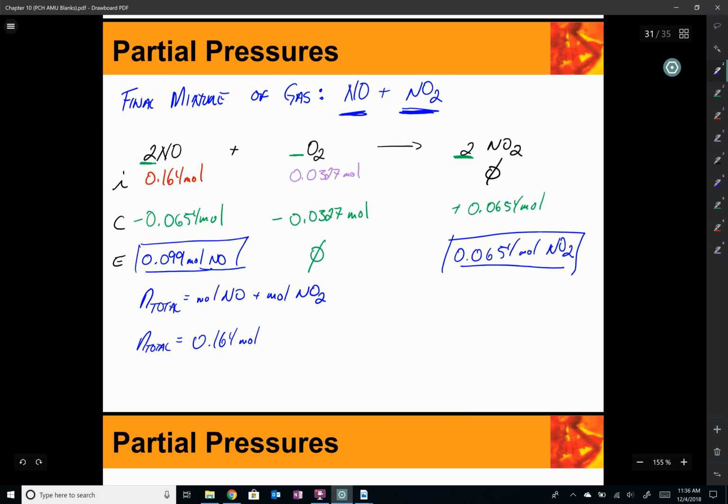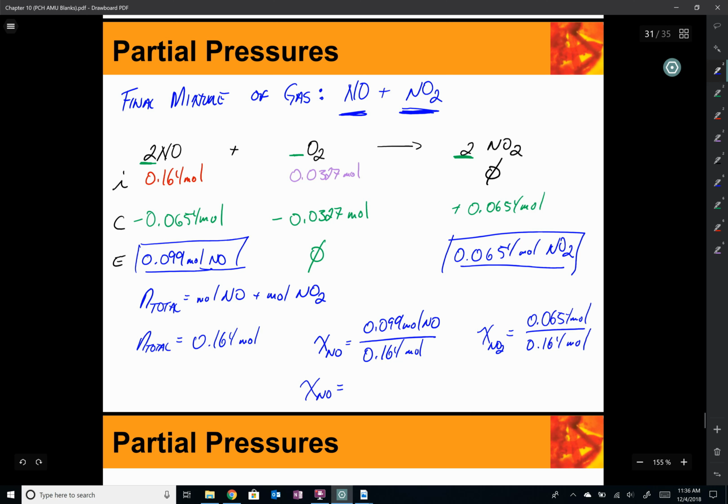So we have our total. Our mole fraction for NO is equal to the moles of NO, 0.099, over the total, and the mole fraction for NO2 is equal to 0.0654 moles over 0.164 moles.